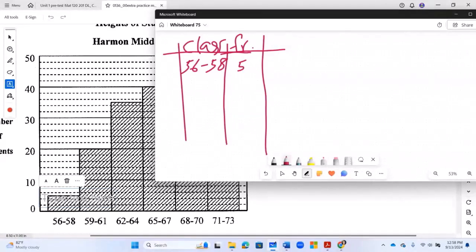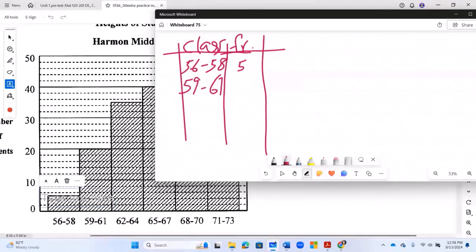So now you are reading the chart and making a table out of it. What we're making now is a frequency distribution. When it contains classes and frequency, you call it a frequency distribution. The second class is 59 to 61. What is the frequency of the second class?